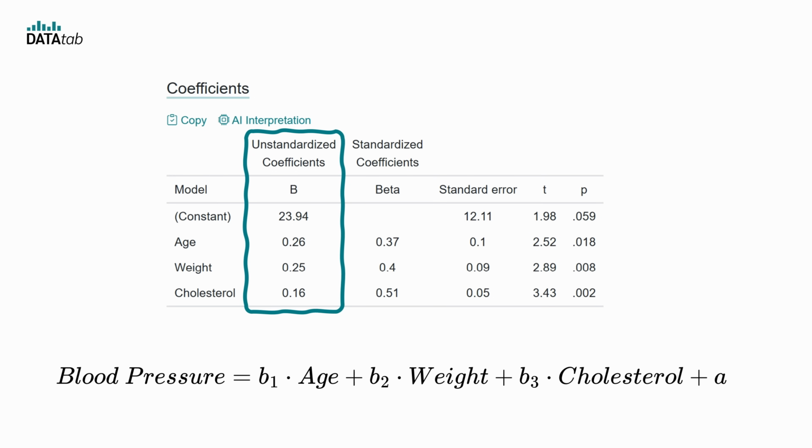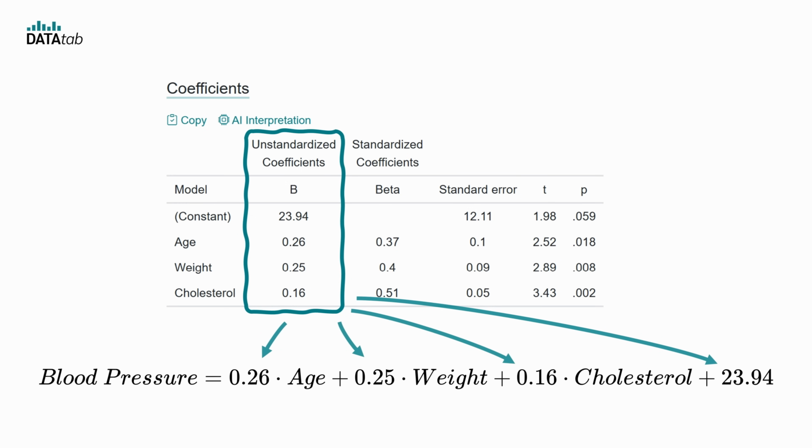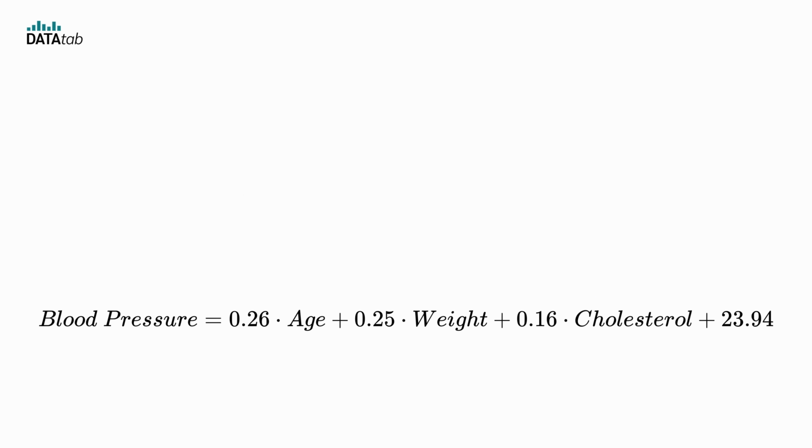Okay, in the first column, we see the unstandardized regression coefficients. These are our coefficients from the regression equation. Now we can calculate the blood pressure for a given person. Let's say a person is 55 years old, has a weight of 95 kg and a cholesterol level of 180. Then our model would predict a blood pressure of 91.